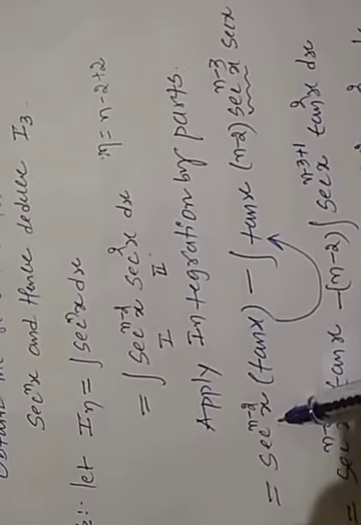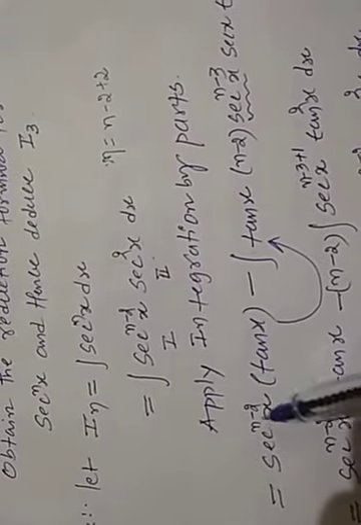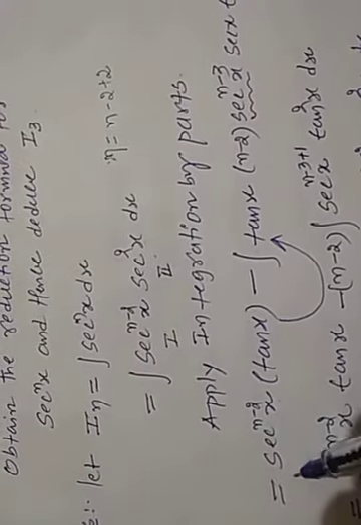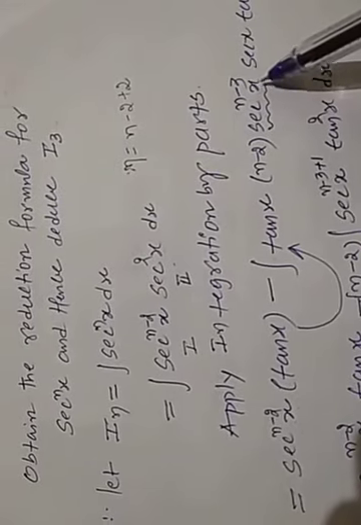The derivative of secant raised to the power of n minus 2 x is n minus 2 times secant raised to the power of n minus 3 x. Again apply the chain rule, since secant x is still not differentiated. The derivative of secant x is secant x tan x. Let us simplify.